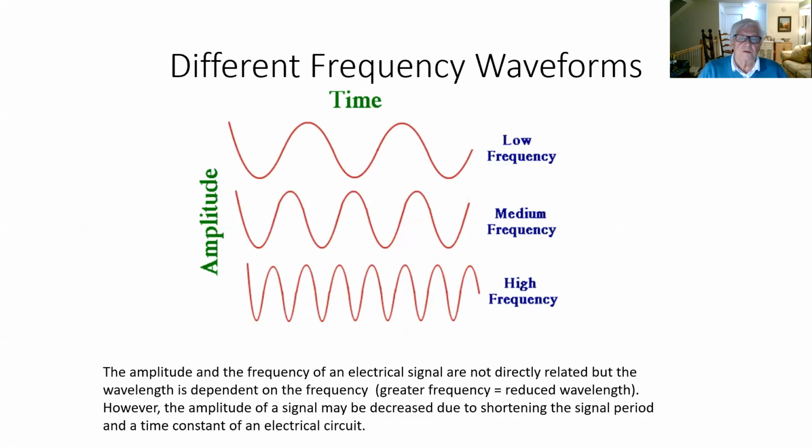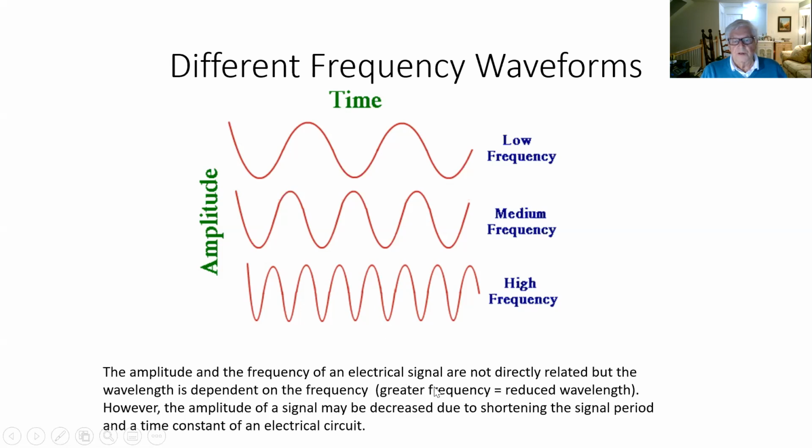So what do the waveforms look like? It's a picture of a number of different waves. Low frequency has a longer wavelength, medium frequency gets a shorter wavelength, and at higher frequency we get an even shorter wavelength. So the wavelength and the frequency are inverse to one another. The amplitude and the frequency of a wave are independent of each other.